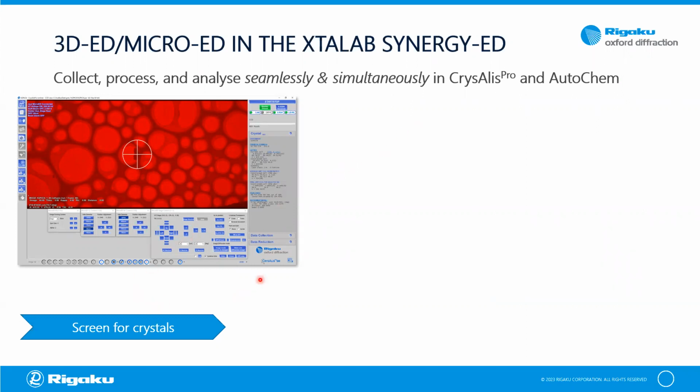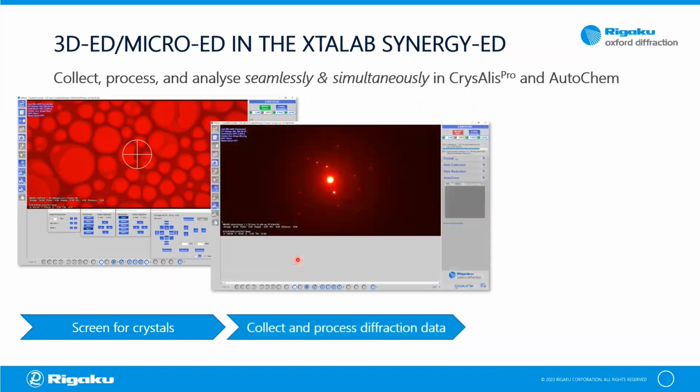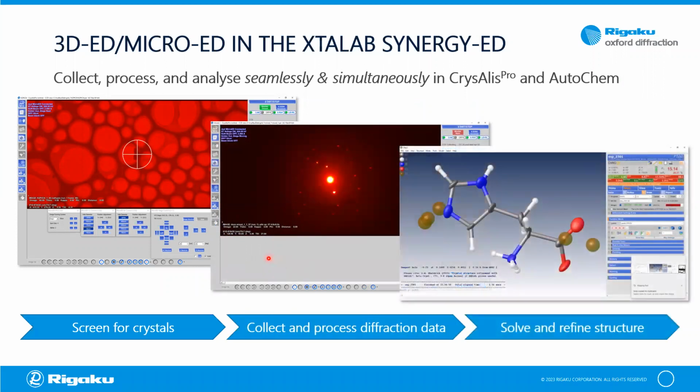And the screening is already done within Chrysalis Pro, our software for instrument control and data processing, which you may know from our single crystal X-ray machines. So it's the very same one, which has a screening functionality, but then with a click of a button also allows you to collect the data and then using the AutoChem interface directly solve the structure, or to interface with structure solution softwares such as OLX2.